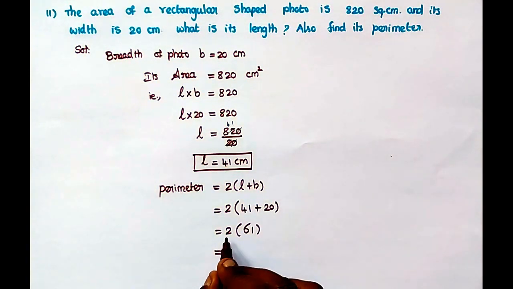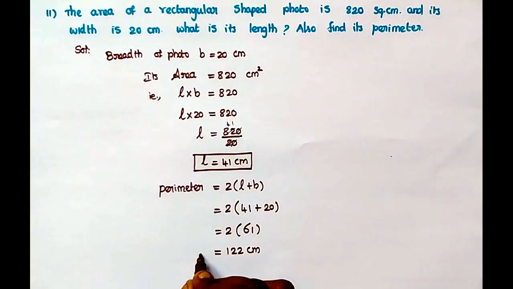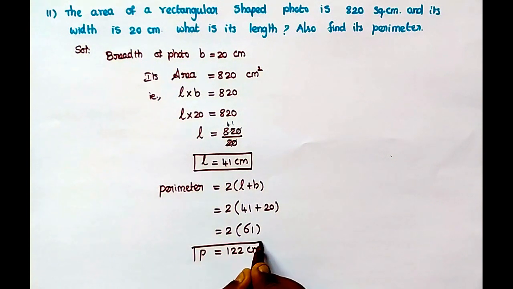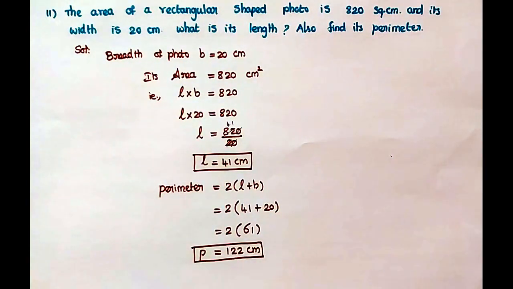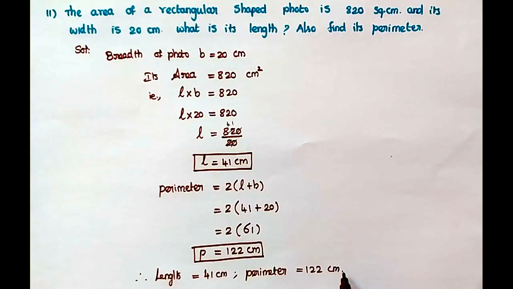So we get 122 centimeter is the perimeter. Therefore, length equal to 41 centimeter and perimeter is equal to 122 centimeter. That is the answer.